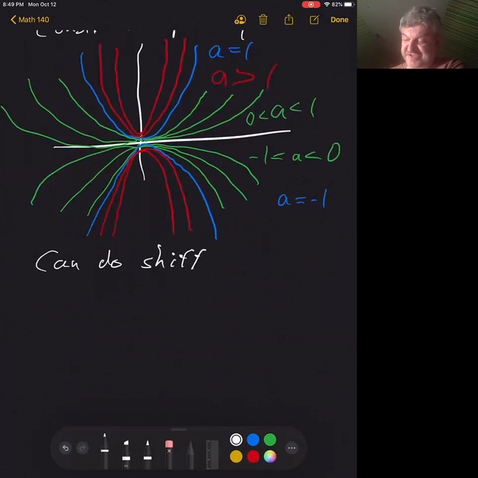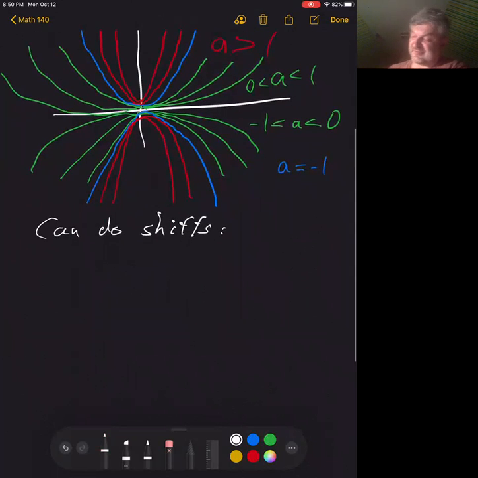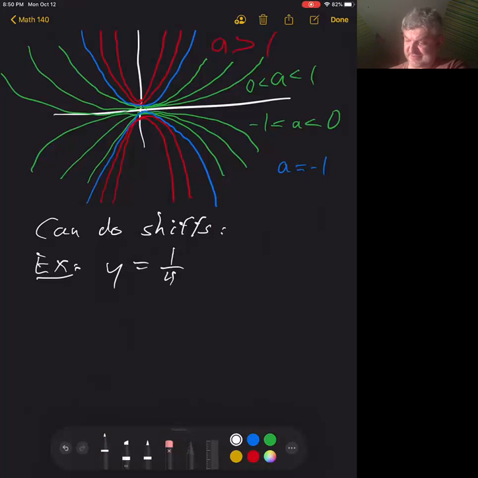Horizontal and vertical shifts. So for example, y is 1/4 times x plus 3 quantity squared equal to, sorry, I meant to say y minus 1.